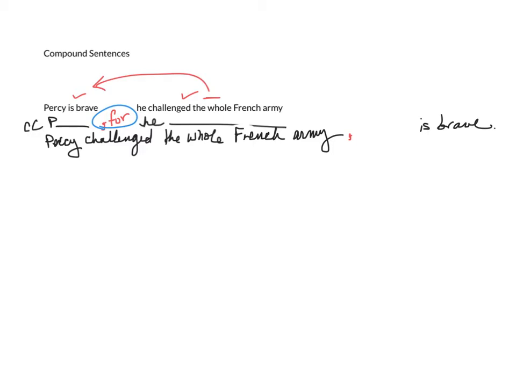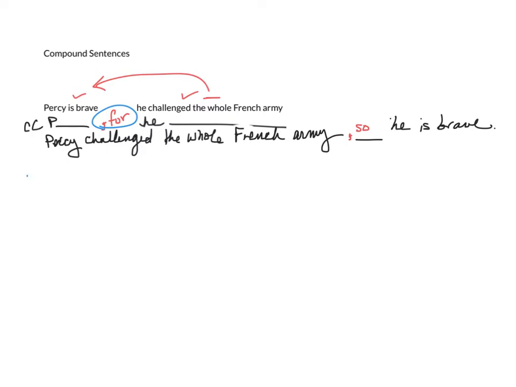So, in this particular sentence, the word and could fit, but it might not be best. Some words like but or yet or, they don't make sense at all. And really our best one here is so. Make sure that you understand that these words have their own meanings and have their own reasons for being.